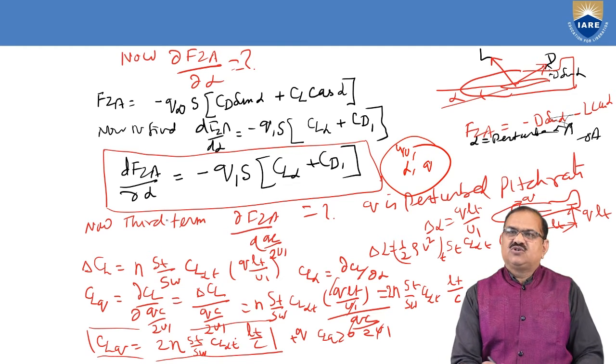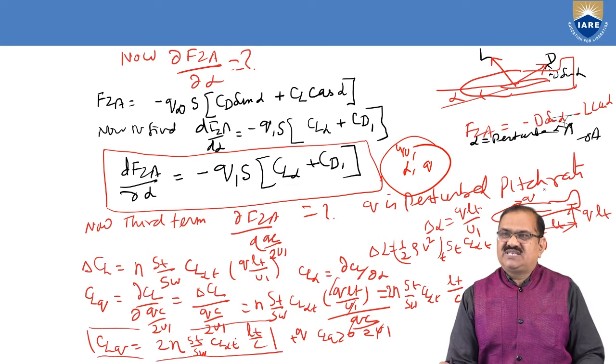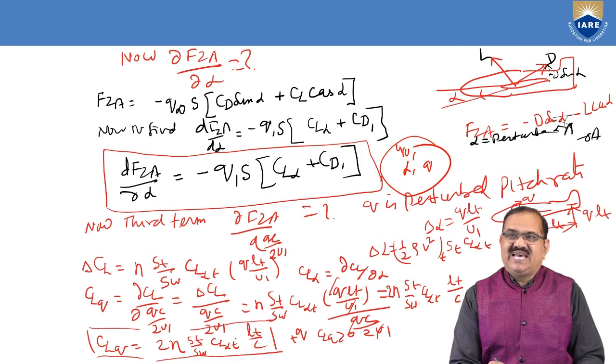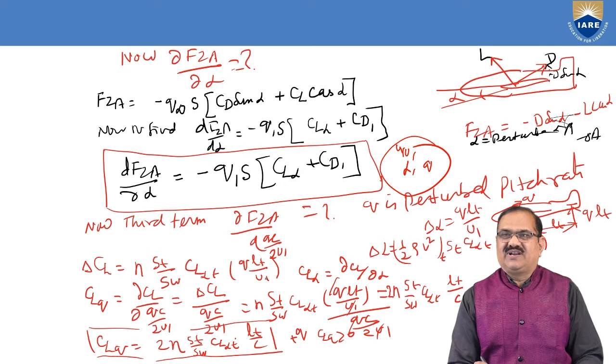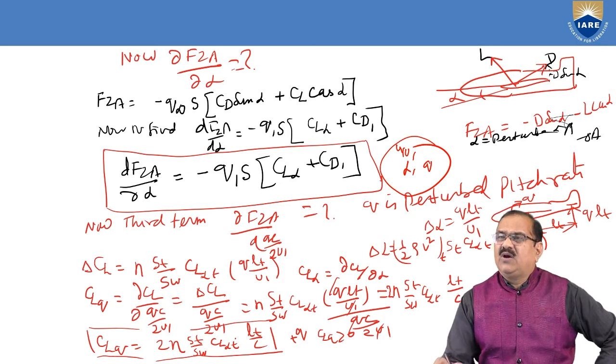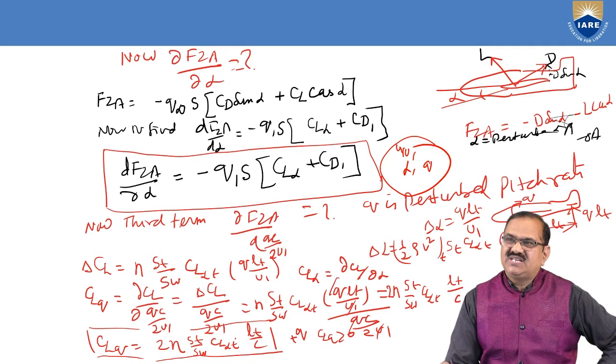So two derivatives we have found: the first one is u by u1, the second one is alpha, and the third is the q derivative. Now the third one is ∂Fz/∂(qc/2u1), where q is the perturbed pitch rate, which we have already seen in unit 1. So ΔCL is equal to η (St/Sw) CLαt (q lt/u1), where CLα is ∂CL/∂α. Here Δα is equal to q lt/u1. I have already discussed this in the previous lecture.